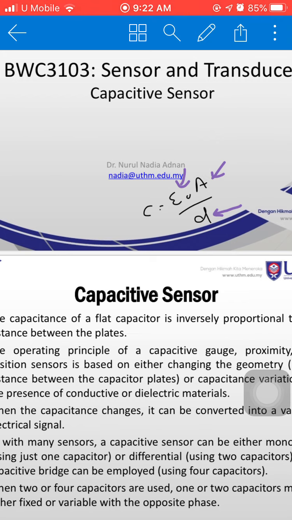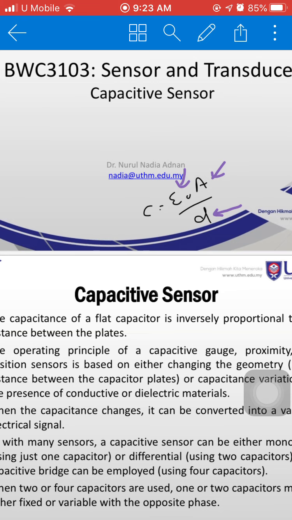The operating principle of a capacitive gauge, proximity and position sensor is based on either changing the distance between the capacitor plates, or varying the capacitance in the presence of conductive or dielectric materials, or the area. When the capacitance changes, the value of capacitance can be converted into a variable electrical signal.